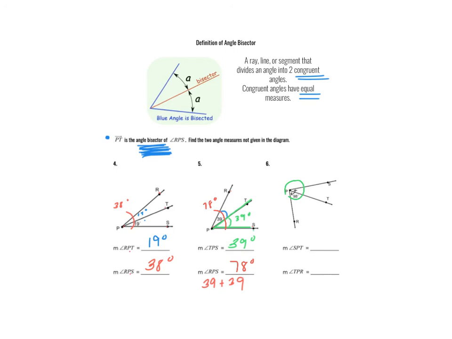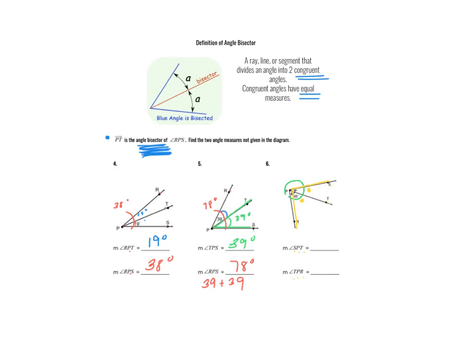So if this whole angle is 98 degrees, basically, I want to know, if we read these questions one more time carefully, SPT, S to P to T. Yep, I want to know what this angle is. Sometimes I put a dot instead of the angle markings. I find it to be easier to see which location I'm talking about. And we also want to find TPR. So T to P to R. Yep, they want to know what this angle is.